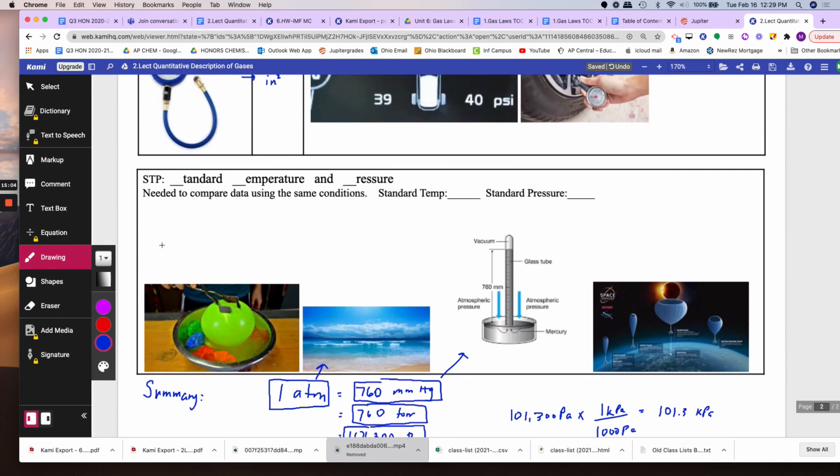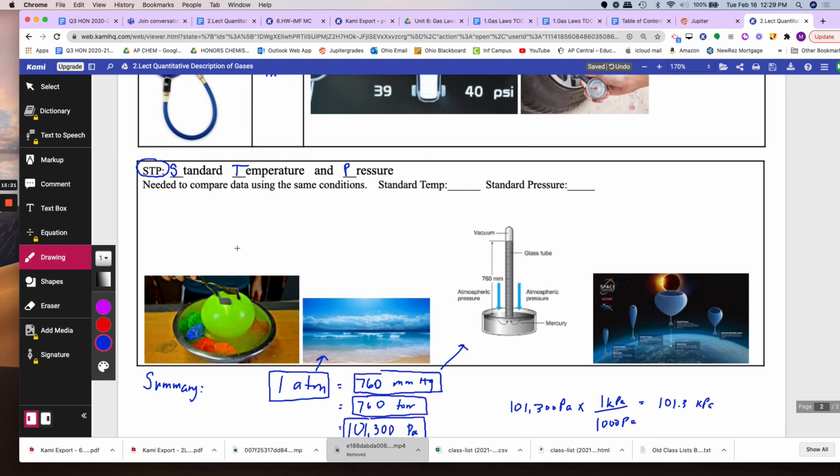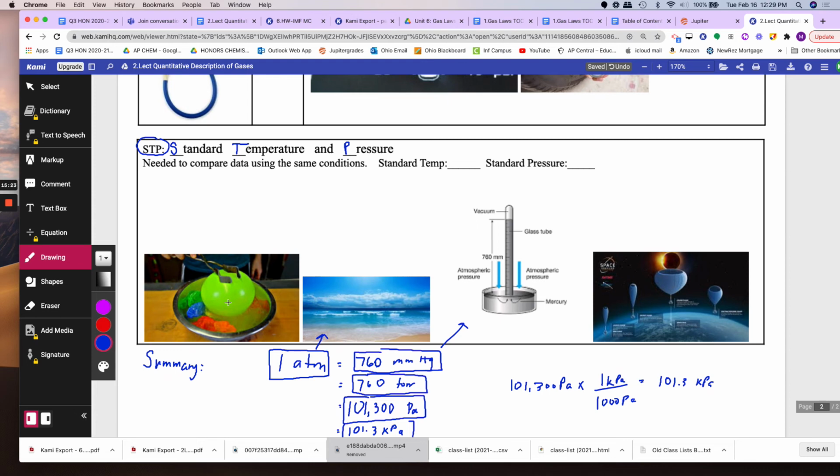There's one last thing that you should know, and that is standard temperature and pressure, called STP. Okay, STP is needed to compare data using the same conditions. For example, if you have a balloon and you put it in cold water, that balloon will shrink because the temperature is different.